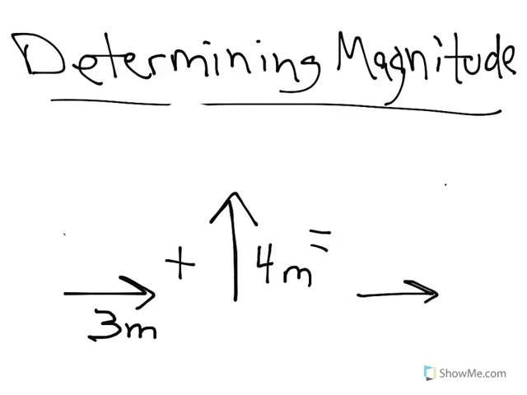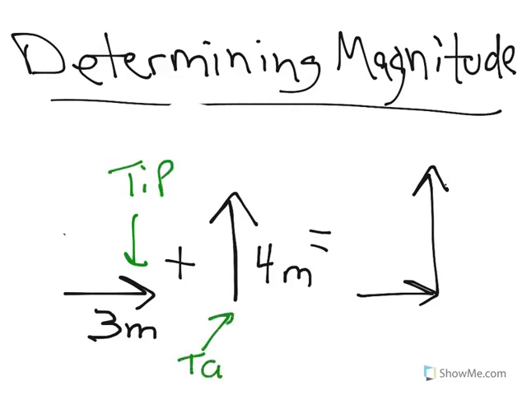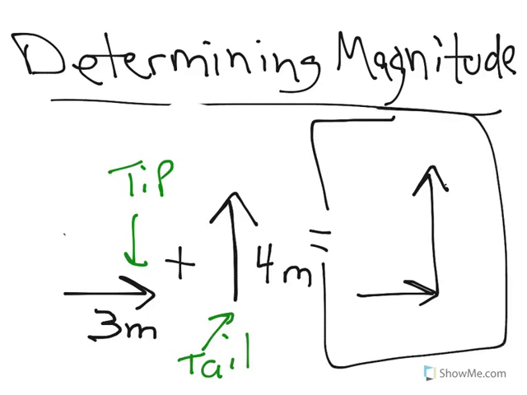You place the two vectors tip to tail, where the tip of the vector is this part right here, and the tail of a vector is that part right there. So you can see over here on the right, let me box it in here, those two vectors have been placed tip to tail.